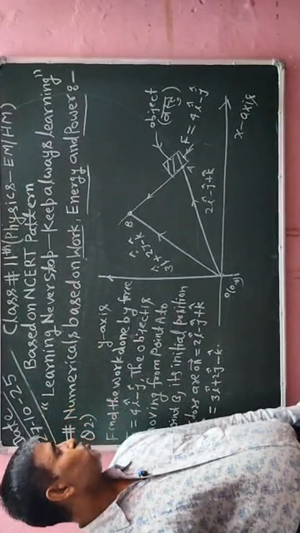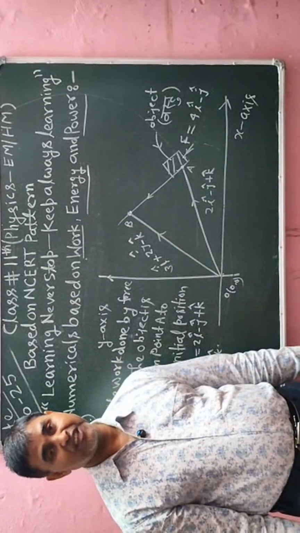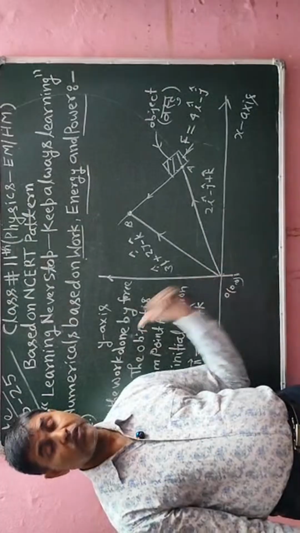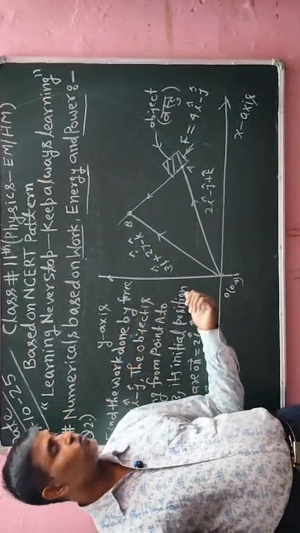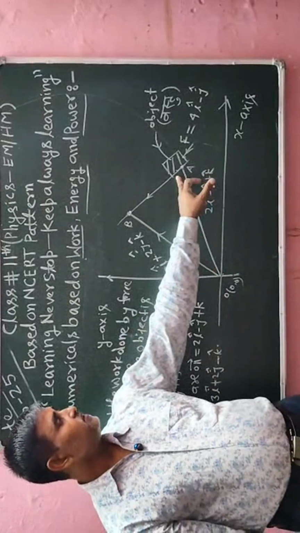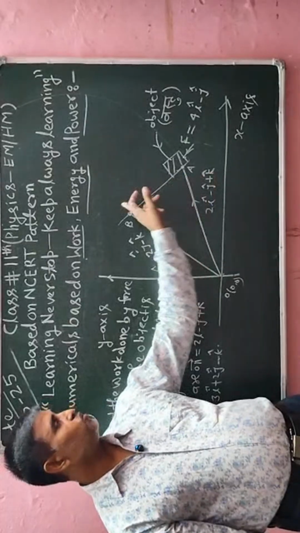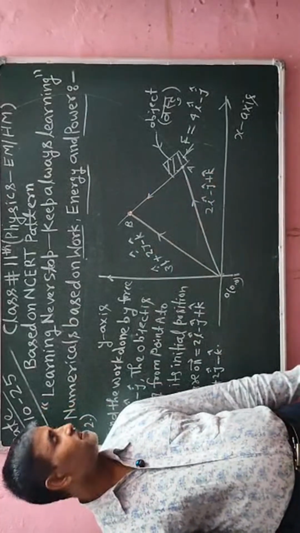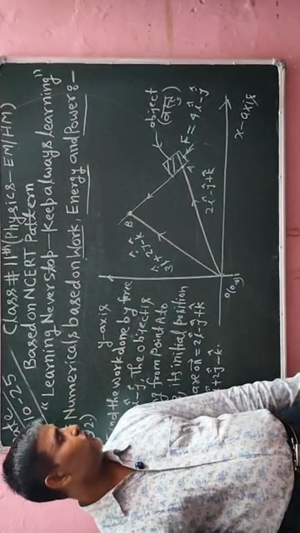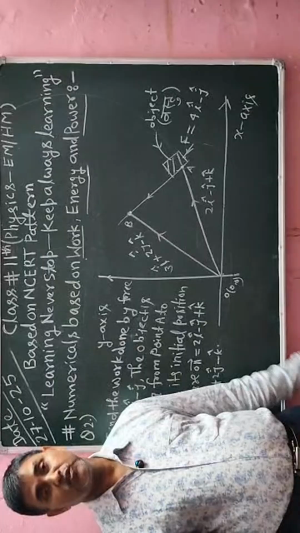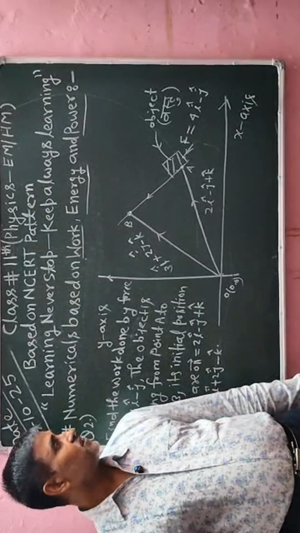Okay, students, all this information I have already mentioned in the numerical, and now we have to evaluate the work done when the object, which is at point A, moves from point A to B. During that displacement we have to calculate the work done. Now in this numerical I will use the concept of vector analysis.